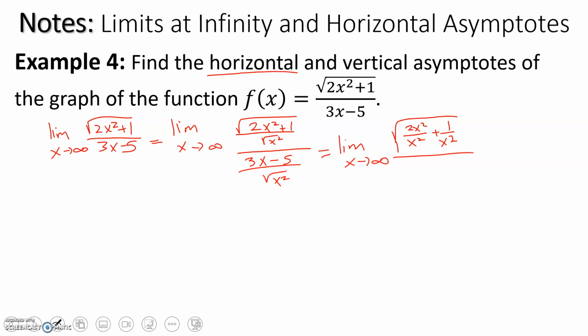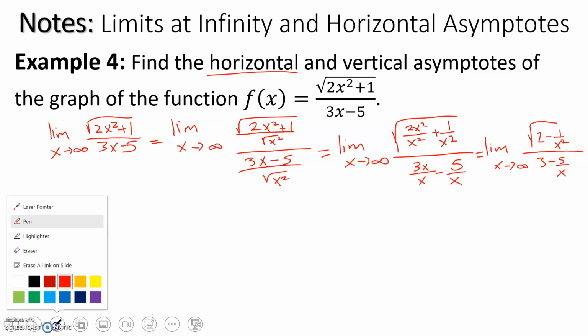In the denominator, we have 3x over the square root of x squared, which is x, minus 5 over the square root of x squared, which is x. After simplifying, this becomes the limit as x approaches infinity of the square root of 2 minus 1 over x squared, over 3 minus 5 over x.